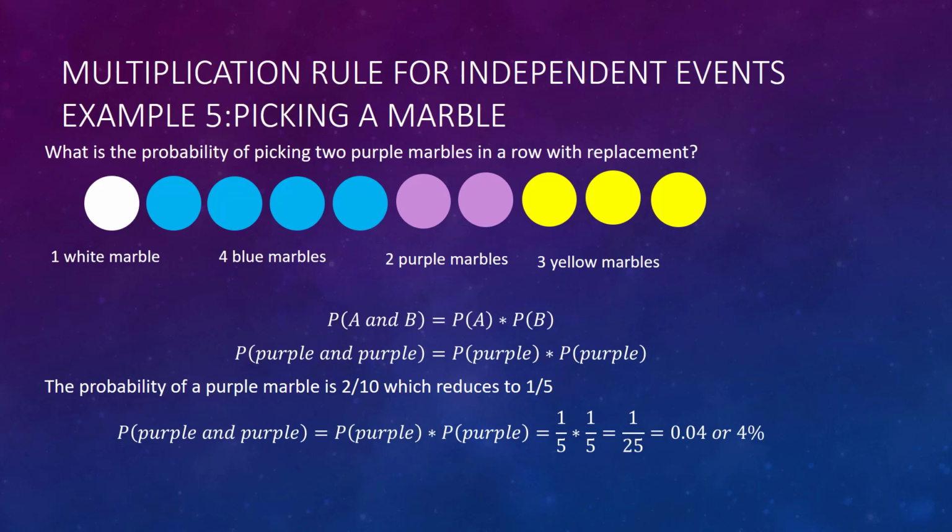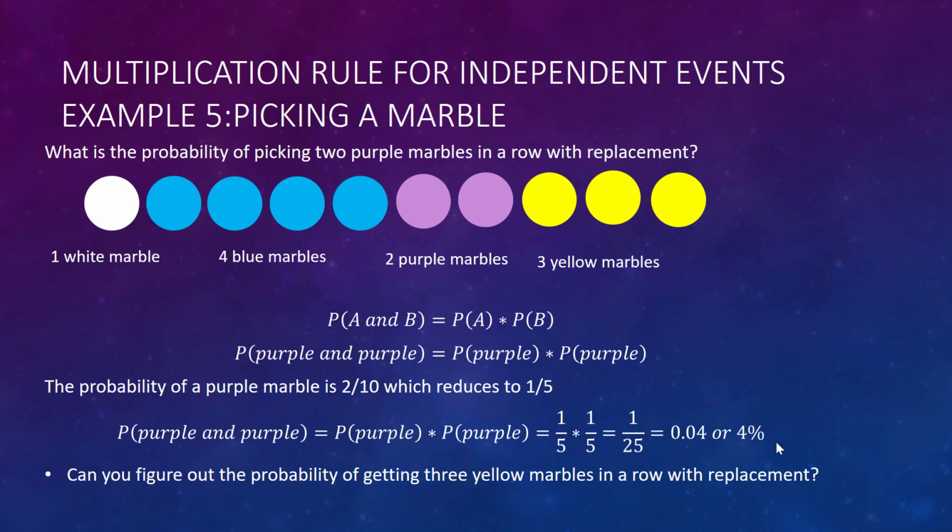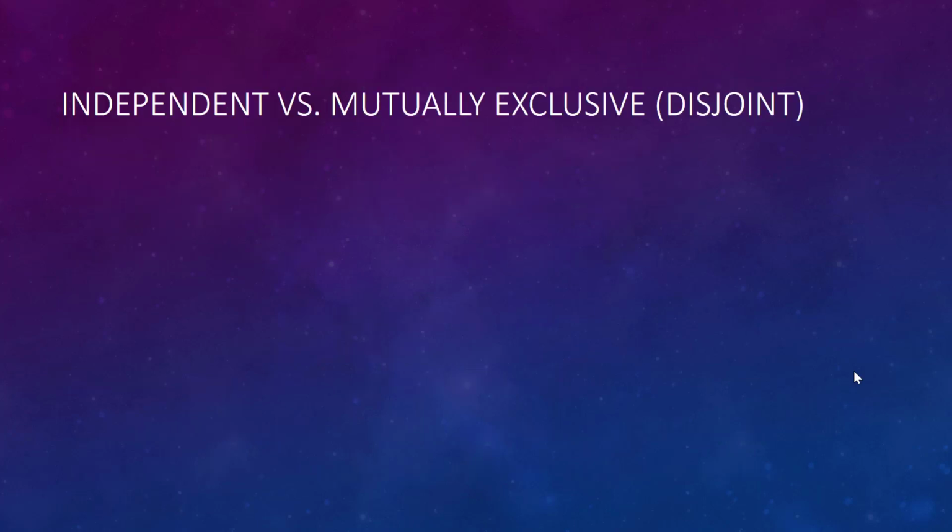Putting that into the equation, we find that the probability of picking 2 purple marbles in a row with replacement is 1/5 times 1/5, which is equal to 1/25. This can also be expressed as a decimal, 0.04, or a percent, 4%. Can you figure out the probability of getting 3 yellow marbles in a row with replacement?